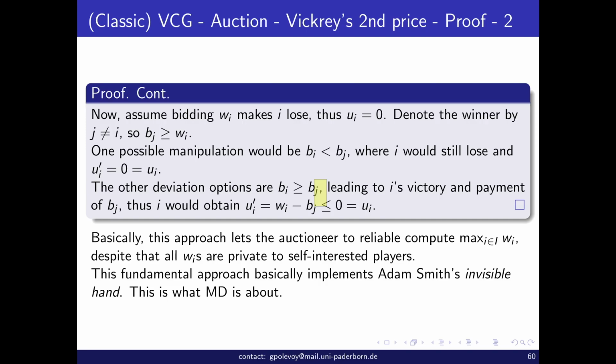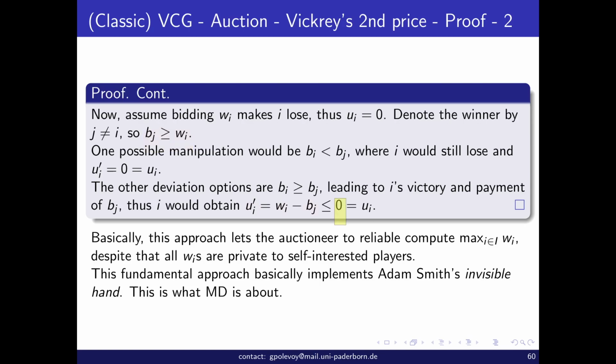If BI is strictly larger than BJ, then I definitely wins, and then I will pay BJ, the second largest bid. And what would I obtain? She would obtain her actual value minus what she pays, BJ. Now, since we assumed that BJ was at least her actual value, it will be at most 0.